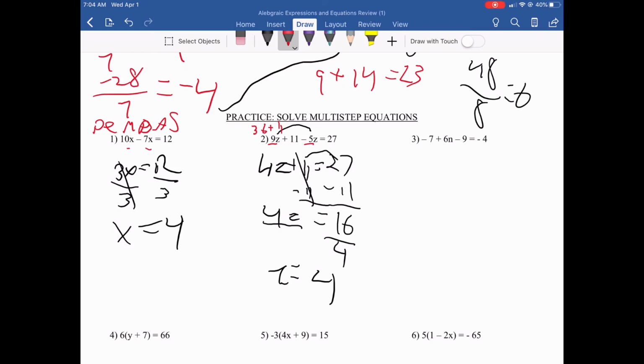Take away 5z. 5z is 20 equals 27. Equation is correct.